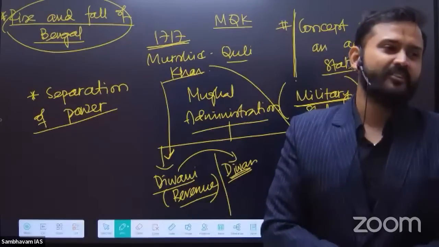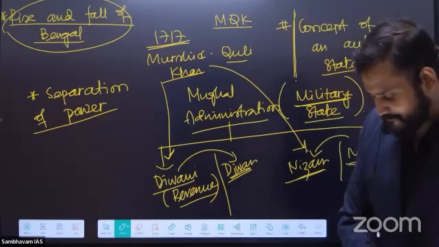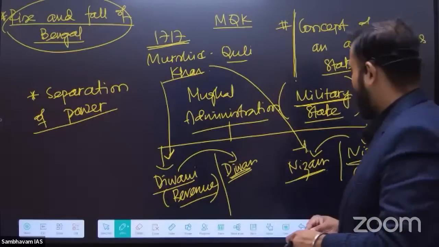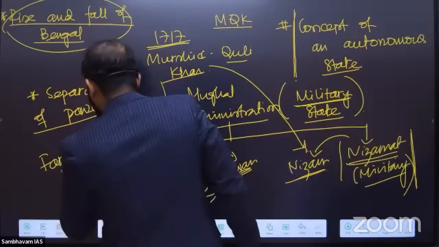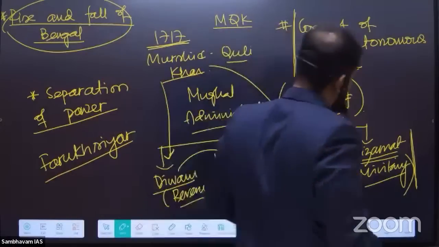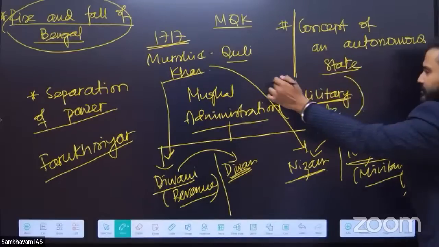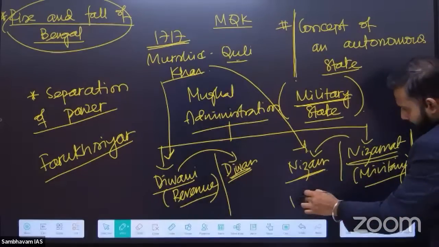In 1717, Mughal Emperor Farrukhsiyar also appointed him, that means Murshid Quli Khan, as the Nazim.